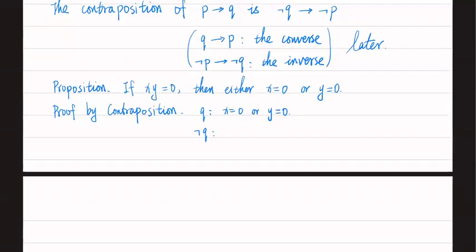Let's see. Either y is not 0 or x is not 0. Either that or that. So that's a first response. Or I could say or.